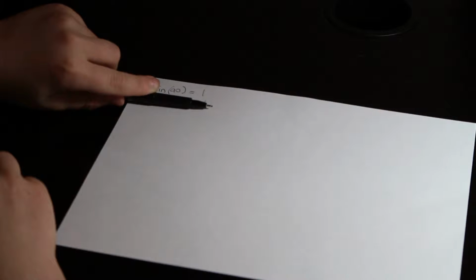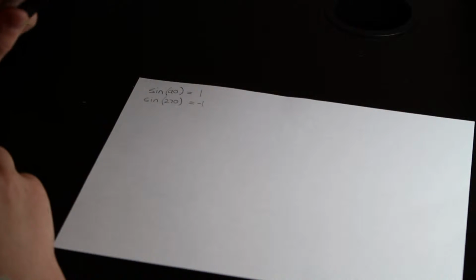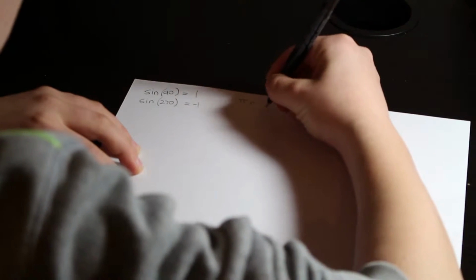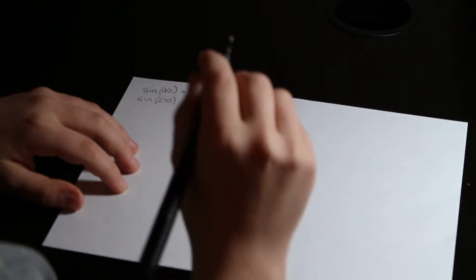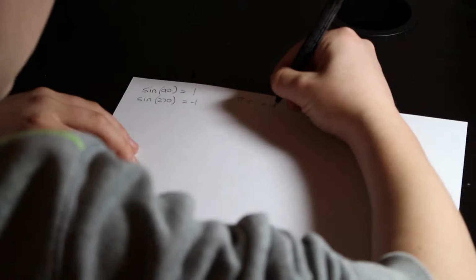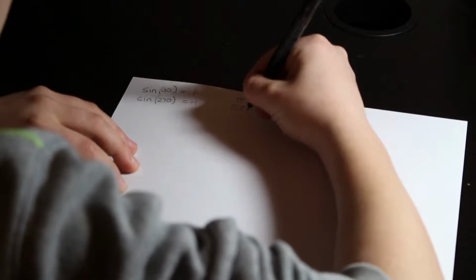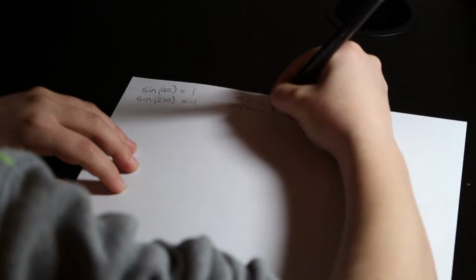So first, I'm just going to clarify a little tiny bit about radians. If we were to say pi radians, this is equal to 180 degrees. If we say 0.5 pi radians, this is equal to 90.